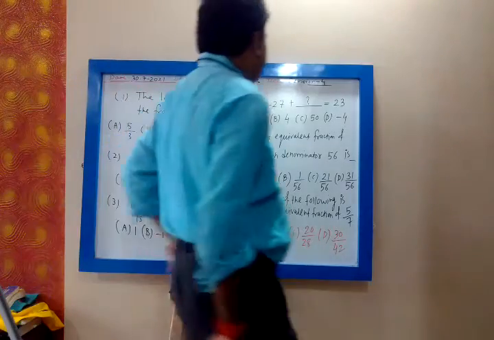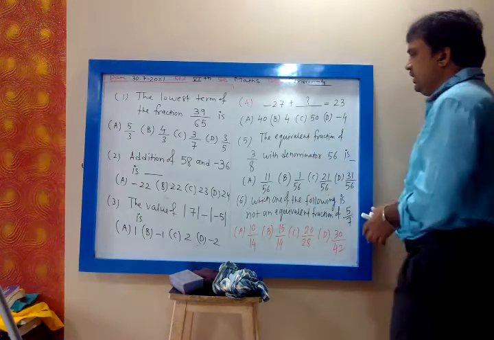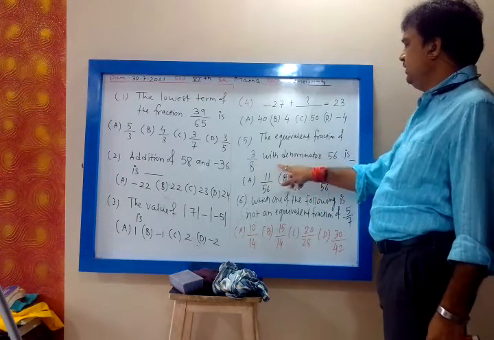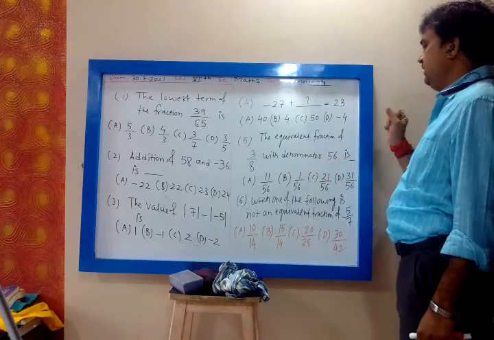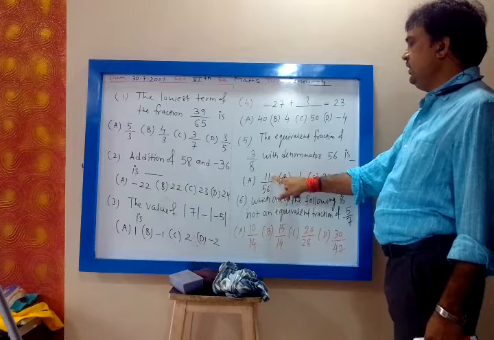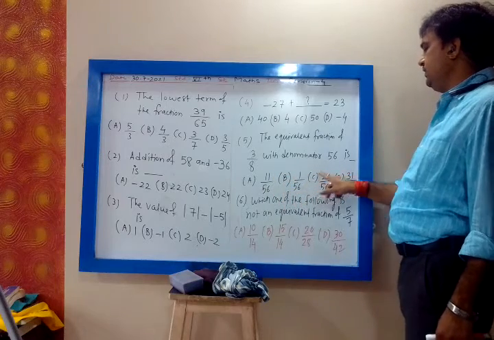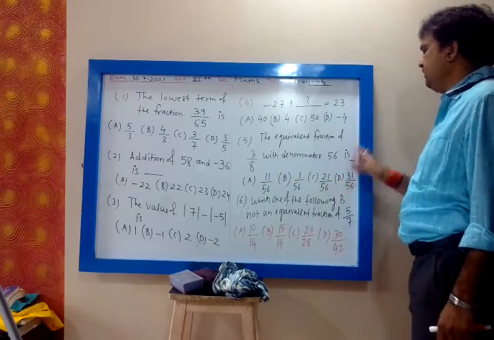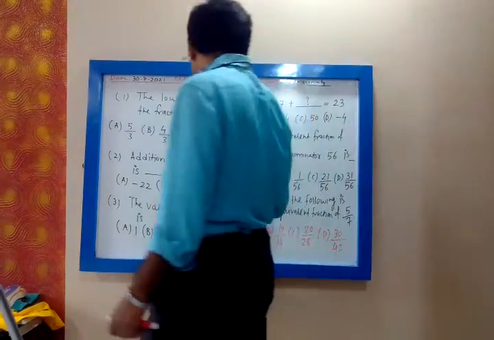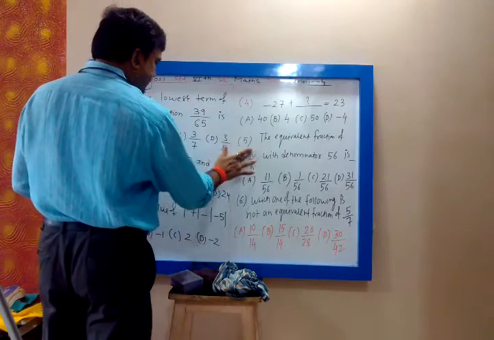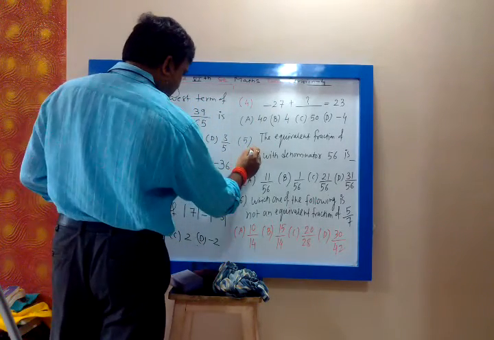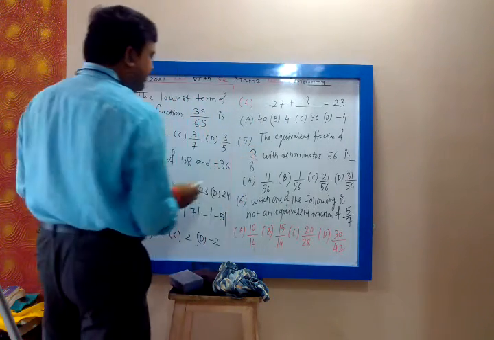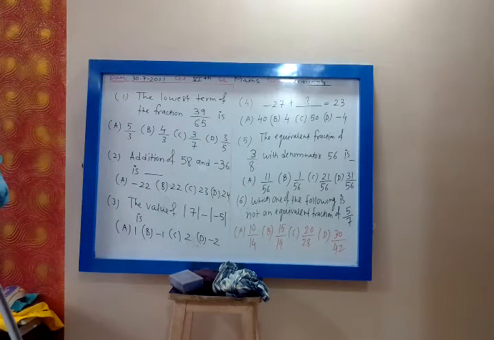Fifth question: the equivalent fraction of 3 by 8 with denominator 56.